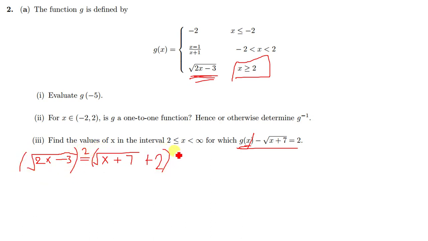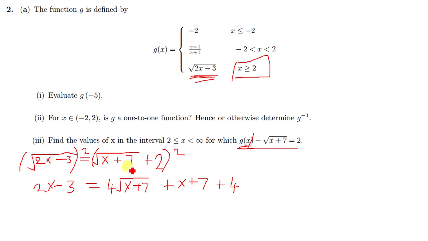We square both sides. So when you square this side, we're going to have 2x minus 3 being equal to, when you square this side, you're going to have 4 root x plus 7, then plus x plus 7, plus 4.